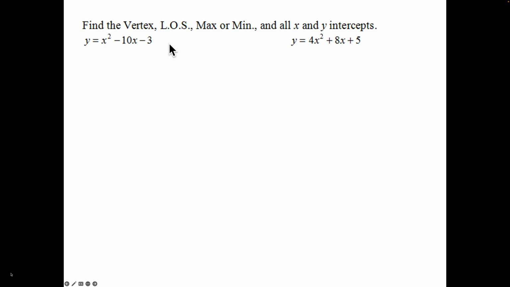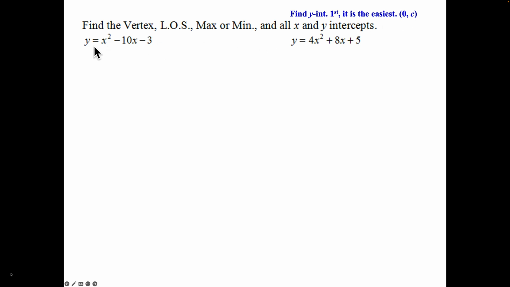Because the equations are always going to be given in general form, the rule of thumb is to find the y-intercept first. A y-intercept is located at (0, c). Because these are ax squared plus bx plus c, that's your y-intercept, the constant at the end.